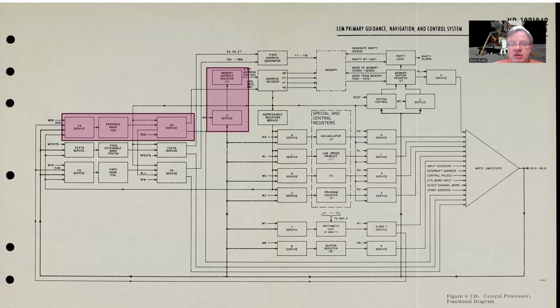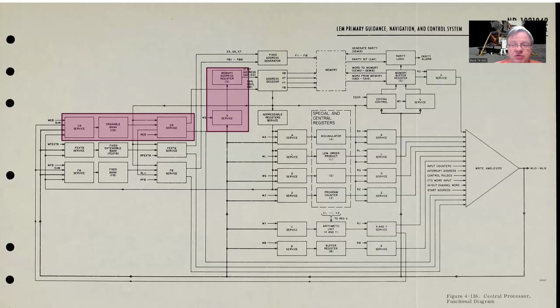One thing, I will give another shout out to Mike Stewart, who provided me a little bit of additional insight around the extend bit that we talked about in the last episode. I thought the extend bit had been introduced as part of the Block 2 guidance computer.